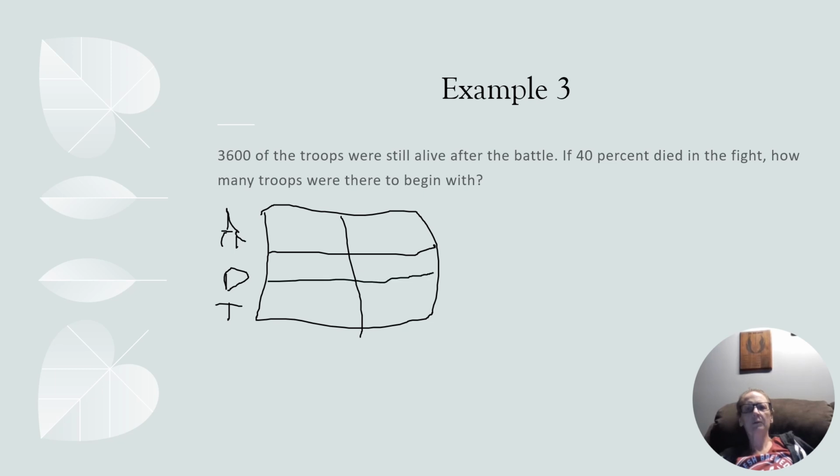We're going to start with the number actually of each, and the other column will be the percent. So the number alive after the battle is 3,600. The number that died, we don't know. We don't know the number that there were to begin with. That would be the total. The percents, we know 40% died in the fight.